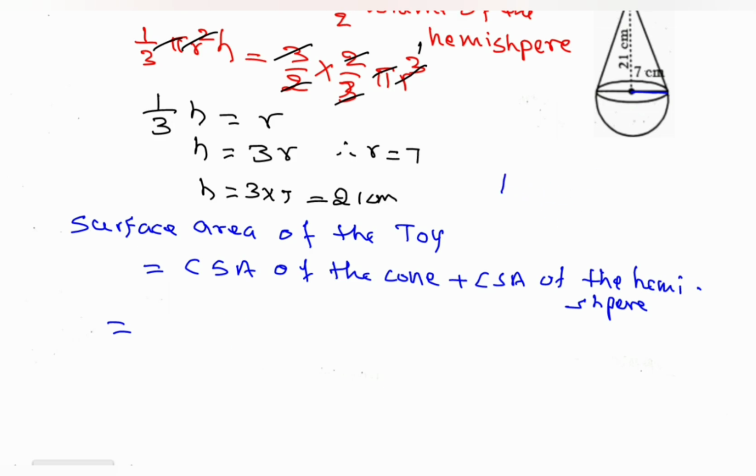L square is equal to r square plus h square, that is 7 square plus 21 square, which is 49 plus 441, equal to 490.